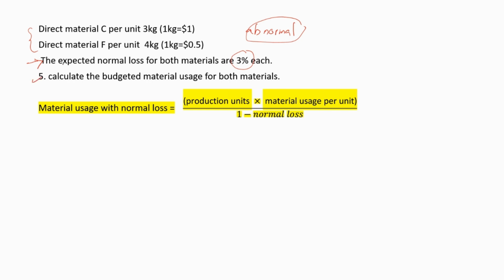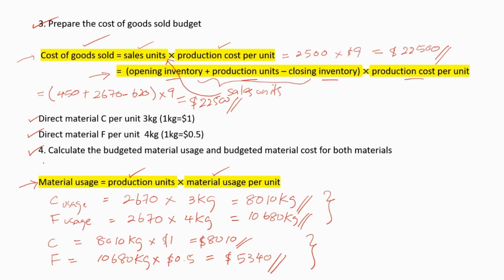So now we have to calculate the budgeted material usage for both materials. Earlier we calculated the material usage without loss, which is this. This is the material usage without loss, which means 100% of the material usage will contribute to the production. There will be no wastage.